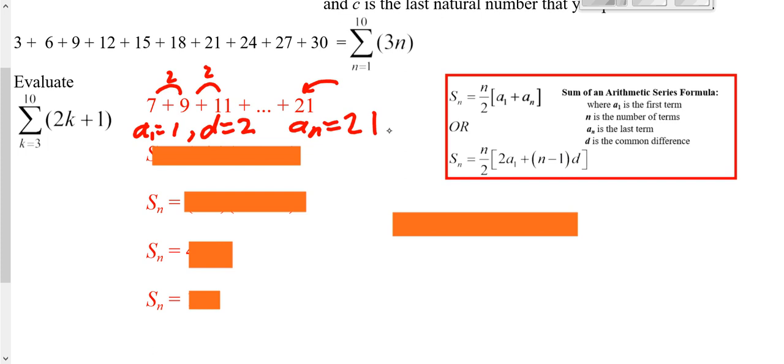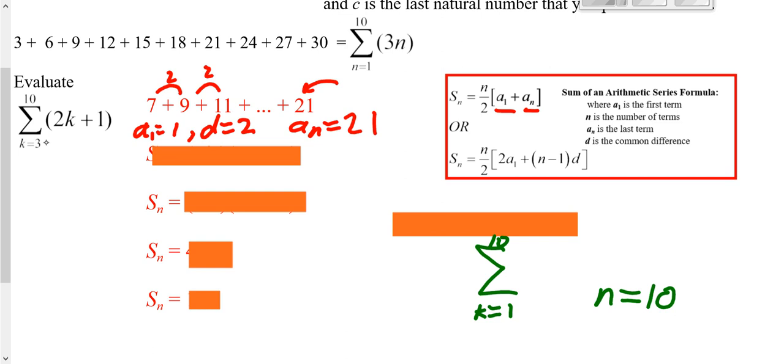Now, we need to know our first term and our last term to use our formula. We also need to know the number of terms. Now, if we had started out with k being 1 and went to 10, we'd plug in 1, 2, 3, 4, 5, 6, 7, 8, 9, 10. We'd have n being 10. We'd have 10 terms here.